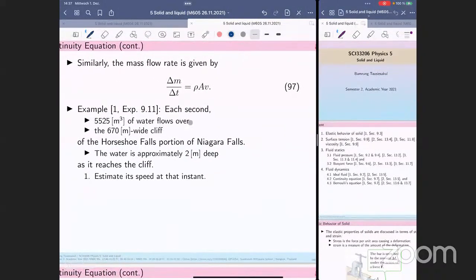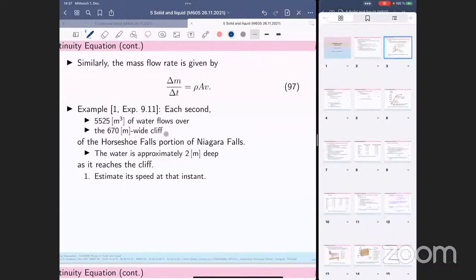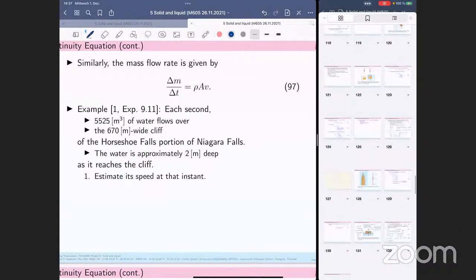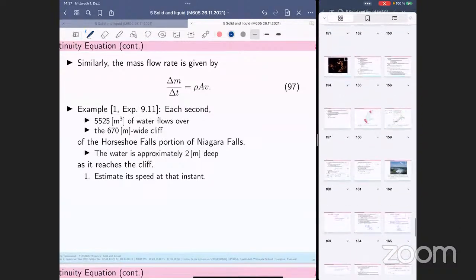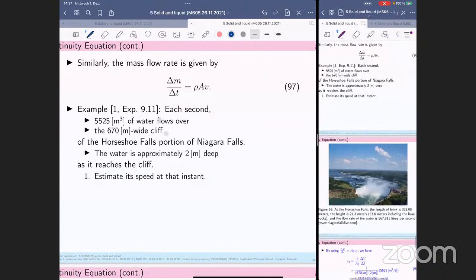Each second, 5,525 cubic meters of water flows over the 670-meter wide cliff of the waterfall which is located on the border between Canada and the United States.